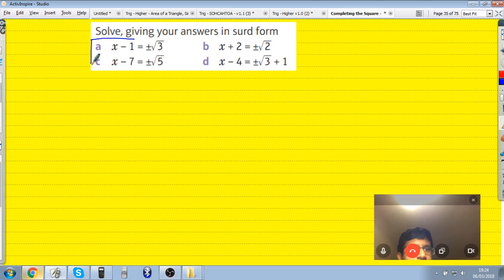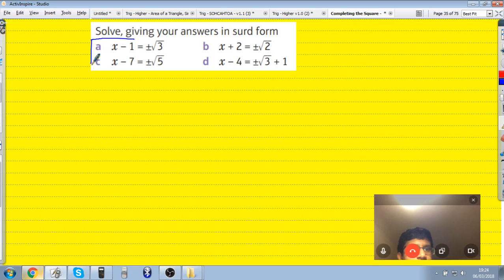B and D. We'll do B and D. So for B, x plus 2 squared is plus or minus root 2. So x equals plus or minus root 2 minus 2. Yep. And that's fine.